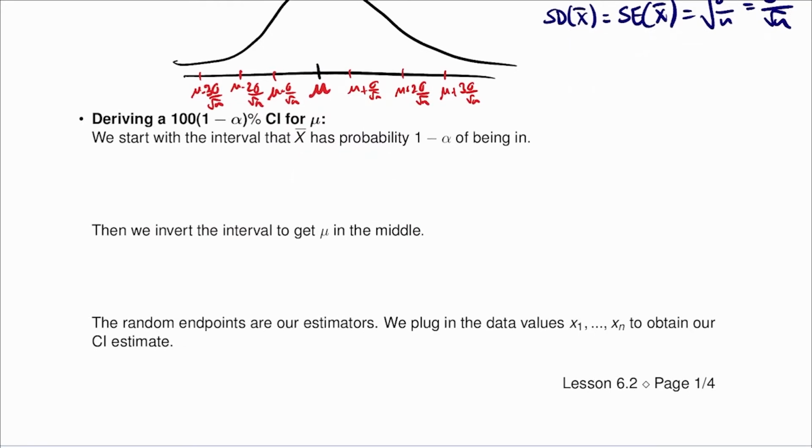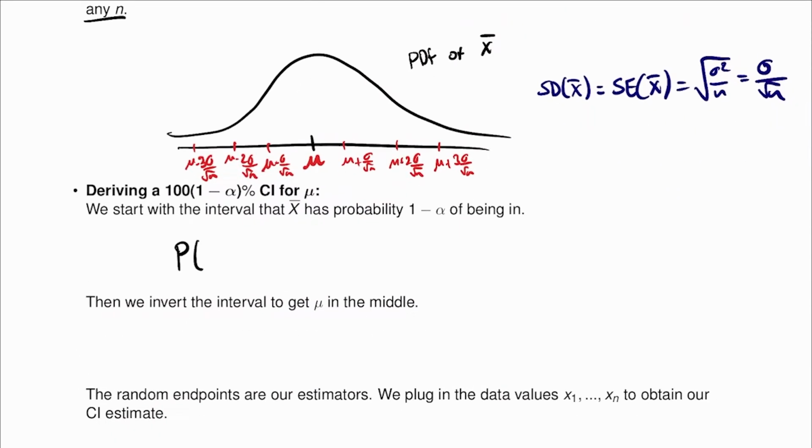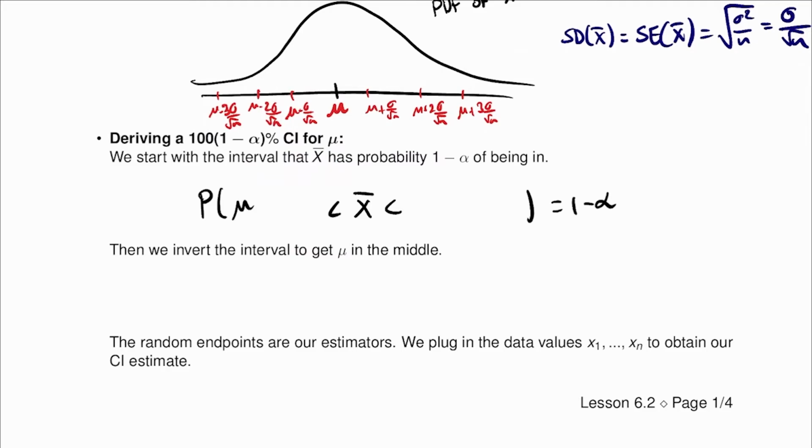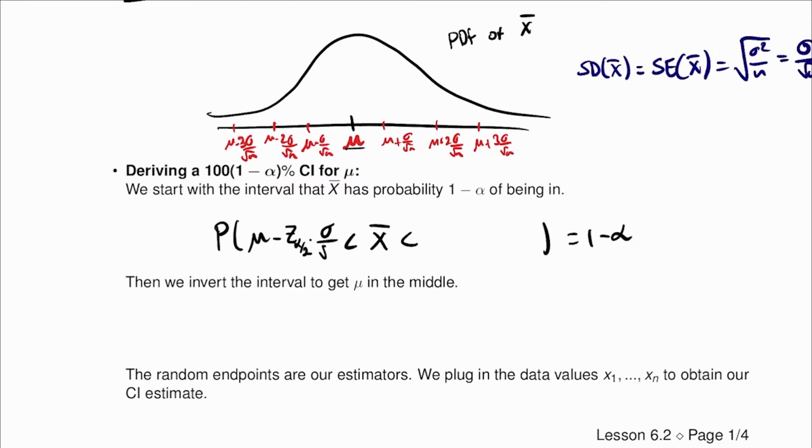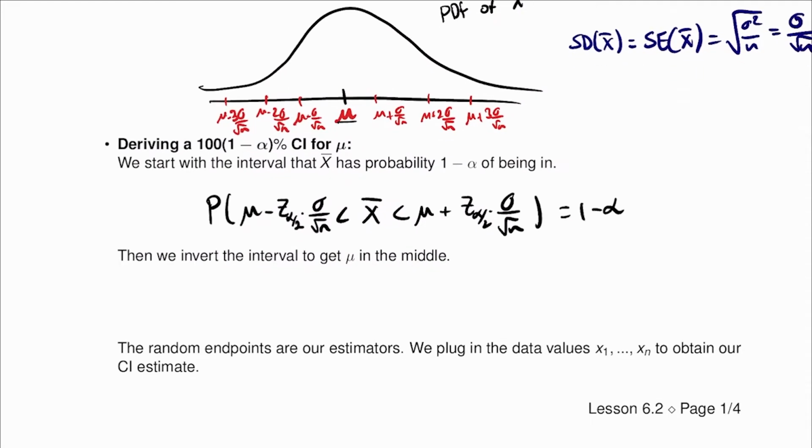So this interval is given by, in general, remember that x bar is going to be with probability 1 minus alpha between mu, because it's the mean, mu minus z of alpha over 2, this critical value, times the standard error, that is sigma over square root of n. And the same for the other case, but in positive. The critical value and standard error is sigma over square root of n. Okay, remember that this c is the critical value.